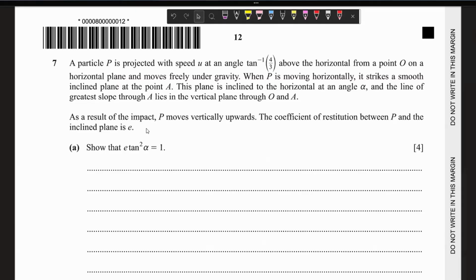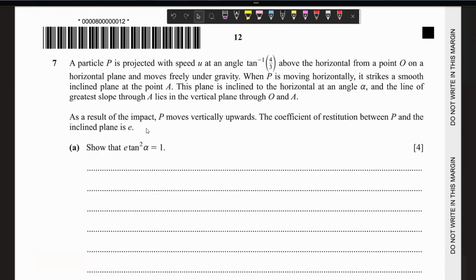When P is moving horizontally, it strikes a smooth inclined plane at the point A. This plane is inclined to the horizontal at an angle alpha, and the line of greatest slope through A lies in the vertical plane through O and A. As a result of the impact, P moves vertically upwards. The coefficient of restitution between P and the inclined plane is E. So in part A, show that E tan squared alpha is equal to 1.